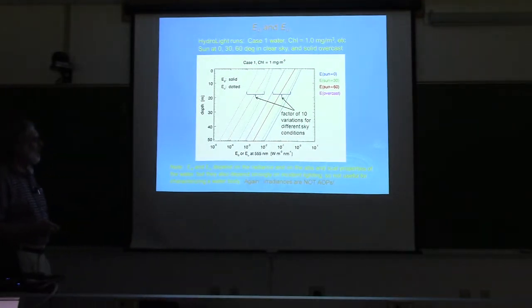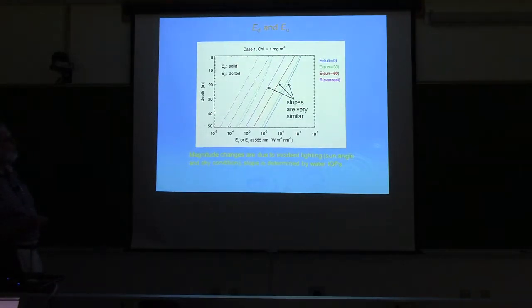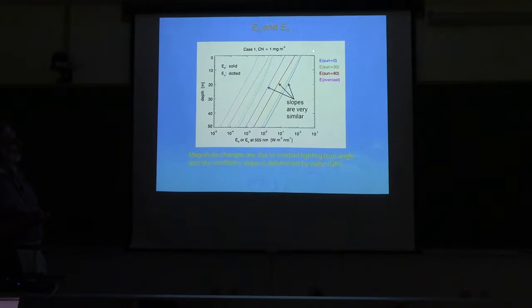But you look at this and you say, wait a minute here. Look at the slopes. They're all kind of similar. The magnitude is shifted by an order of magnitude by the sun angle, but these all have pretty much the same slope.